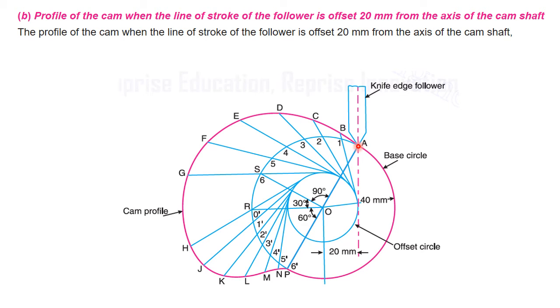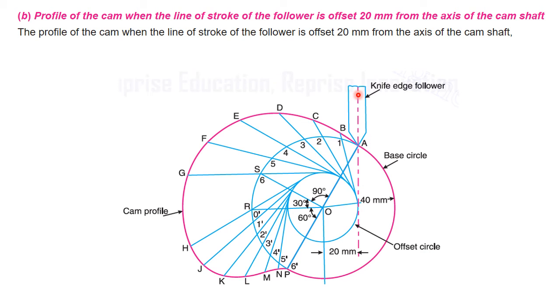We join A, B and O, take that as radius and draw a circle. Again take point C, join with O and draw a circle. Again take point D, join with O and draw a circle.